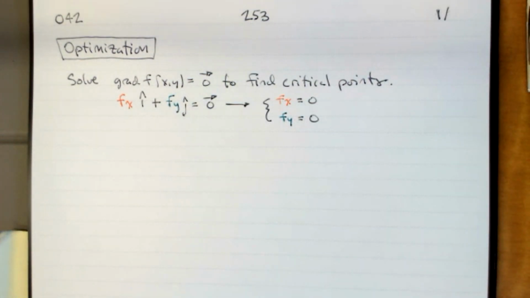This should match with what we understand about the gradient. We know that the gradient indicates the direction of maximum increase or the direction of maximum decrease. So it makes sense that the gradient is going to be equal to 0 at a point where it's the highest point, because all there's going to be is decrease at a local maximum, and it's the same in any direction.